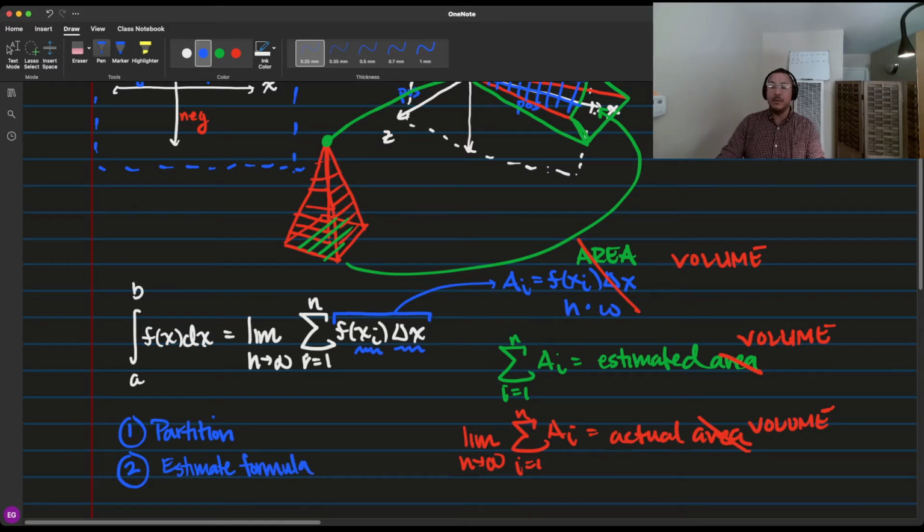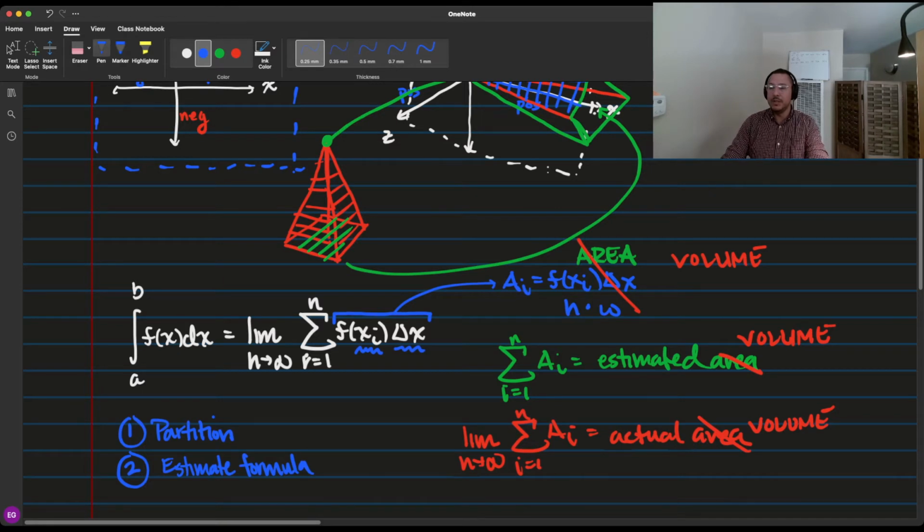So previously, we used the partition to come up with a bunch of different little rectangles, and each of the rectangles had an area. Now we're going to use that partition to estimate a volume, and we'll have to figure out what shape we're going to use, and then that will be our estimate formula for the volume.